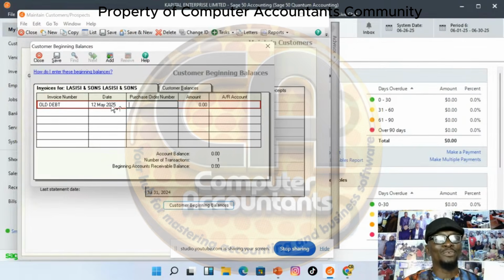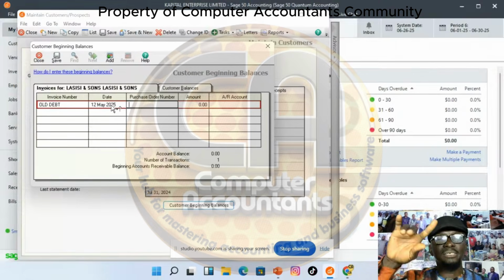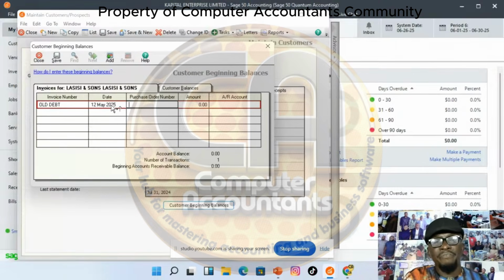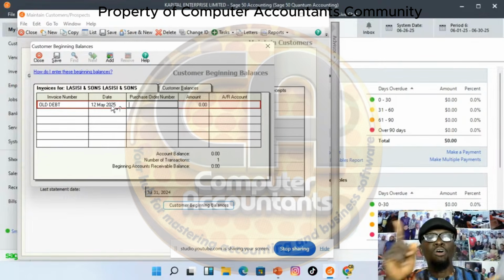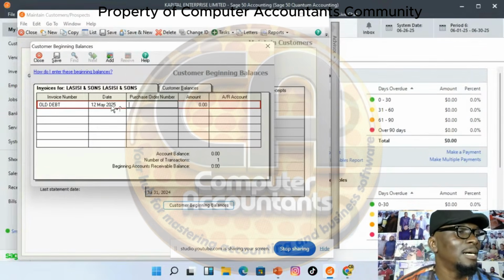Please, sometimes when you follow the same thing I have done, you see that your 05 will come first before 12. It is coming from the control panel of your system. That means it is not set to reflect the date format of Nigeria. Sometimes when you type 12th of May 2025, May will come first. Just go back to your control panel and reset it.